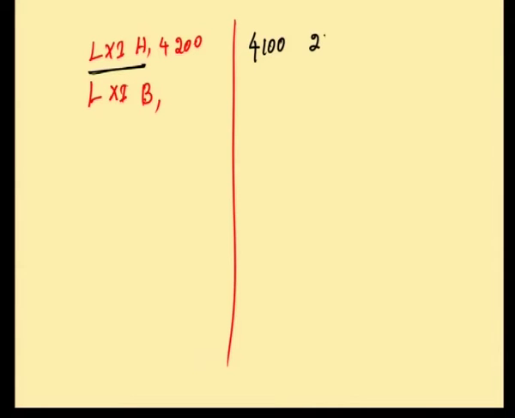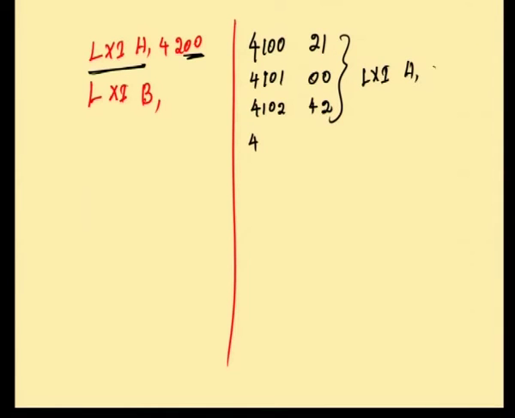So, I have to write 21 at address 4100, then 4101 is the lower byte of this address, so 00, then 4102 is 42. So, 3 addresses we have to give for LXI H, 4200.